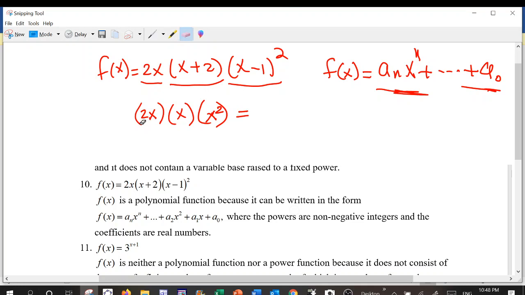So what we have is 2 times 1 is 2, and this is power 1 and this is power 1. So x times x squared is x to the 1 plus 1, 2 plus 2 is 4. You have to add the exponents. So that's the leading term, and it's going to be plus a bunch of stuff.